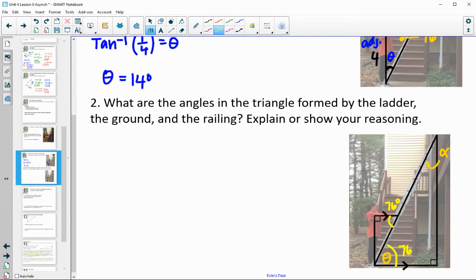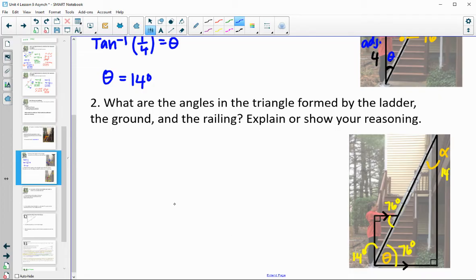So this one's going to be about 76 degrees as well, which means that this top one is going to be the same as this one that we found at 14. Okay, so they're going to have those same angles that this person's body has. So you could have written that out. You could say something about alternate interior angles. Okay, and figuring that out.